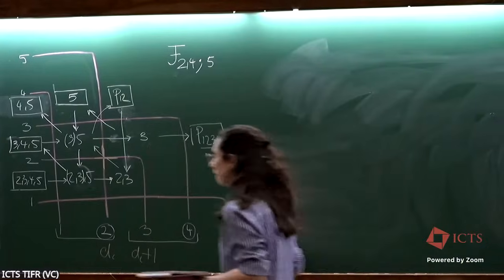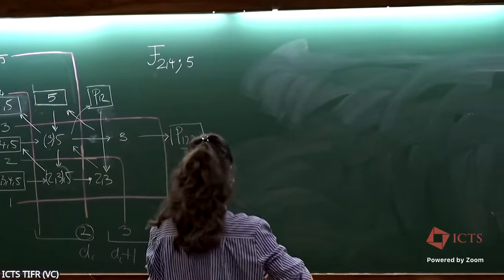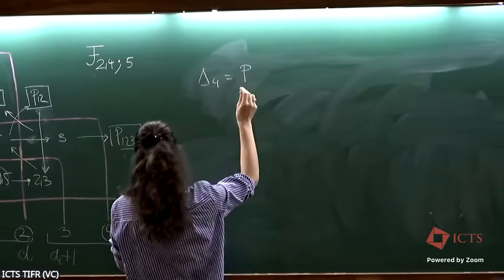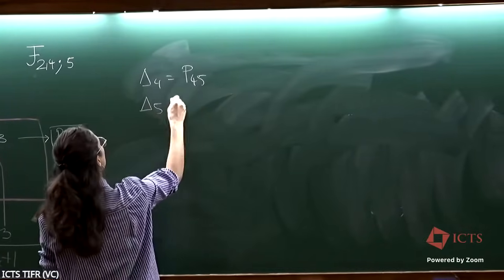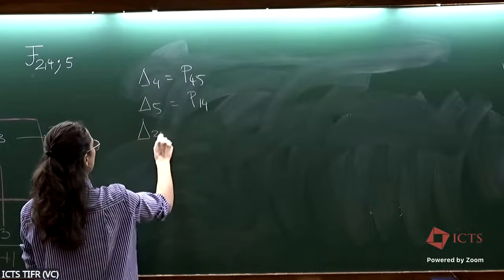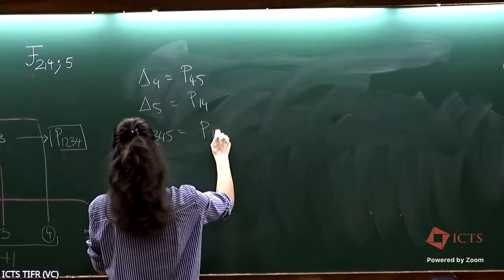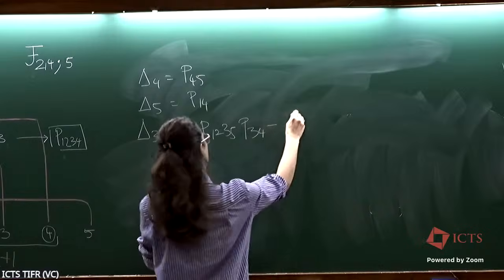So I have delta 4 is P45, delta 5 is P15, delta 345 is P1, 2, 3, 5.